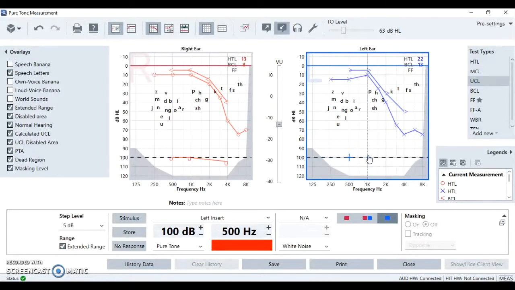We need to be able to fit the sound, the amplification, in between that dynamic range. Loud enough that you can hear it, but not so loud it's uncomfortable. But you can see out here where there's more damage, that dynamic range is much smaller. So it's more difficult to amplify into that range without over-amplifying it.